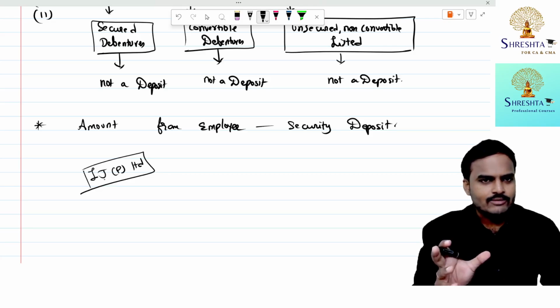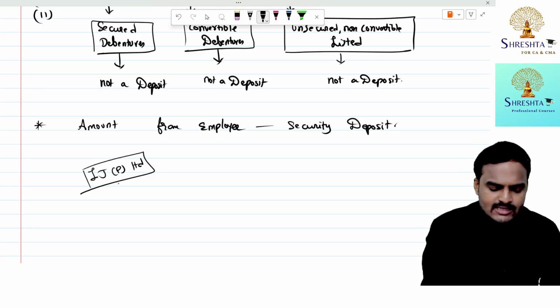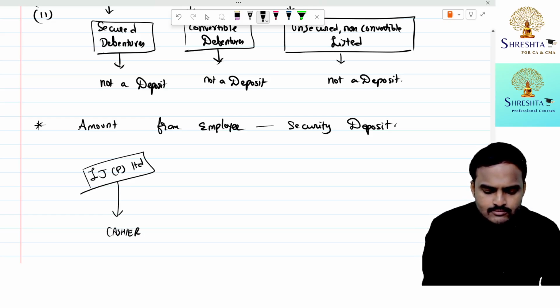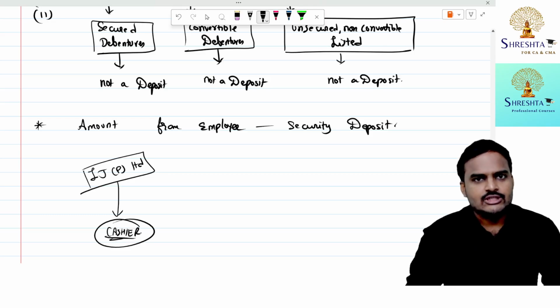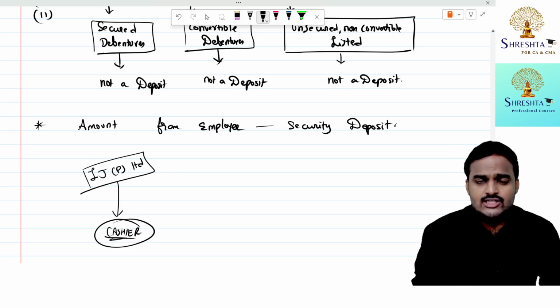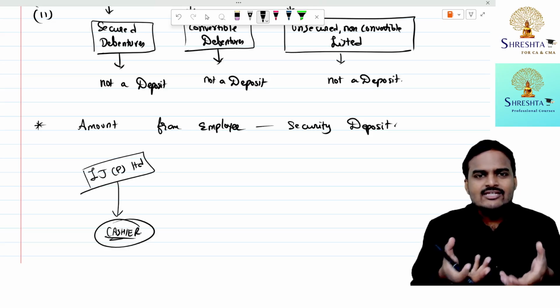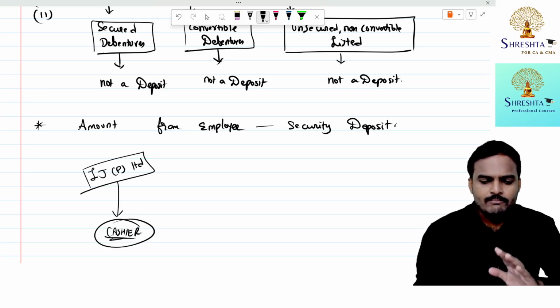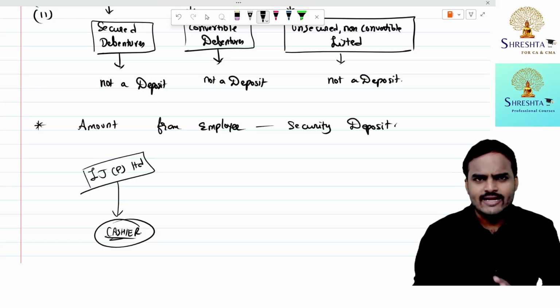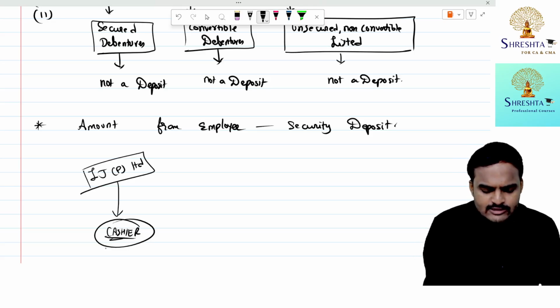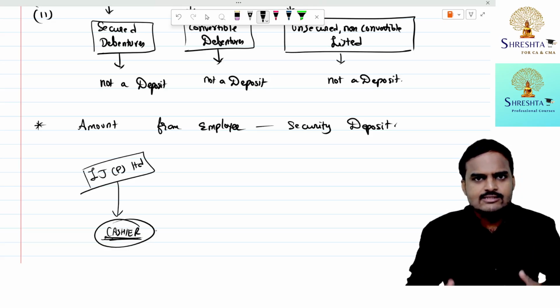This company is looking for a person for the post of cashier. And definitely the cashier post is very risky. Why? Because he will handle lakhs of rupees daily. Suppose the company sells jewelry worth 10 lakhs every day. Now this person will have possession of the 10 lakhs, yes or no?